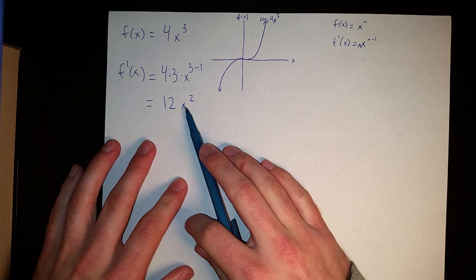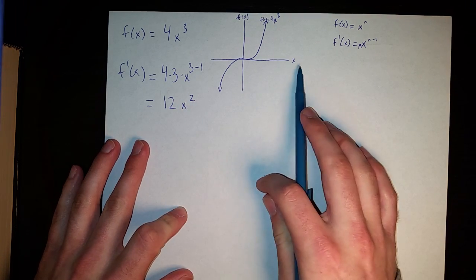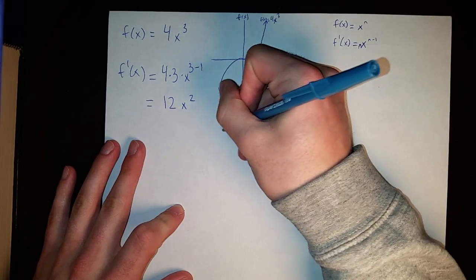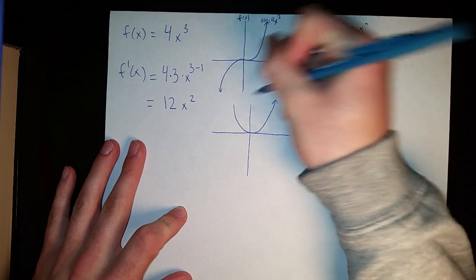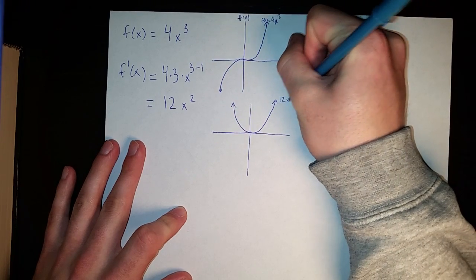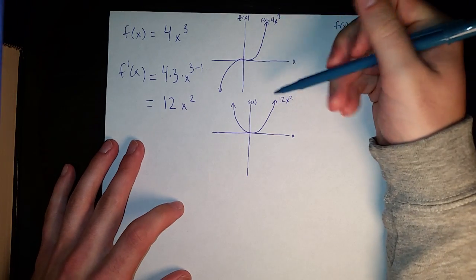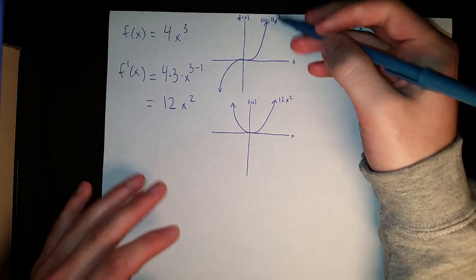So let's look at this. 12x squared. No matter what x is, this number is going to be positive, because if we look at x squared, it's like this. And so no matter what x is, we're going to have a positive derivative.